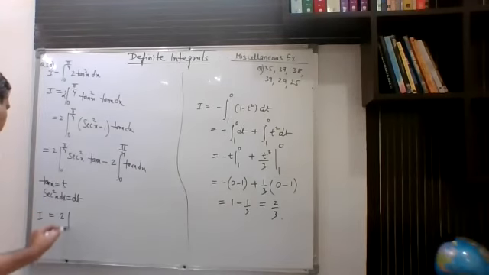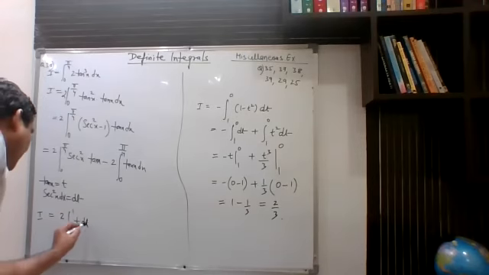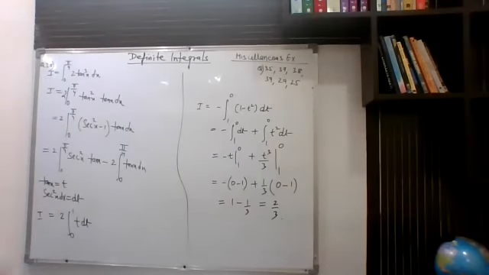I also change the limits. You have to use the substitution: when x is 0, tan 0 is 0, and when x is 45, tan 45 is simply 1. So your new limits are 0 to 1, and it will become t dt.